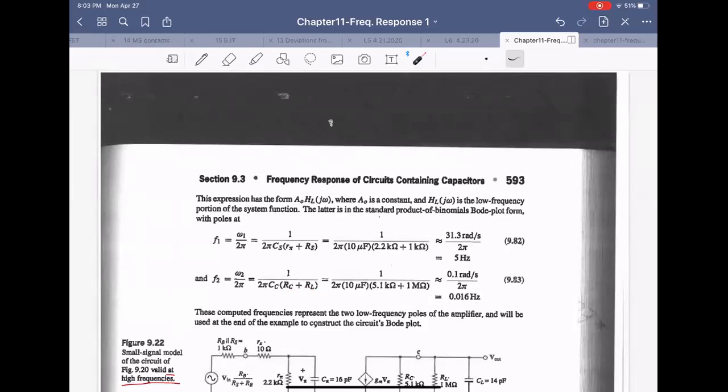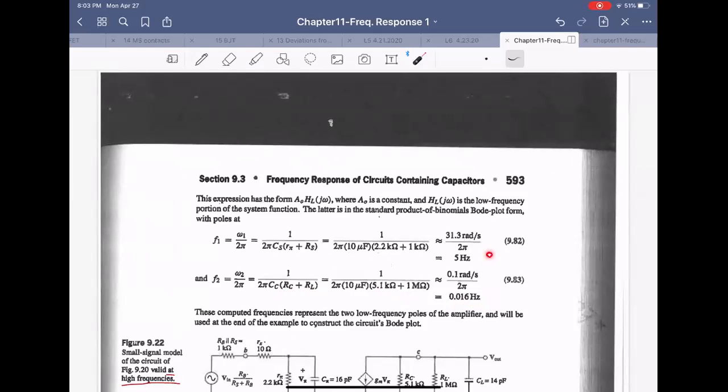Just plug in RC and RL. We have 0.016 Hertz. So this gain will be attenuated at F1, and then again attenuated at F2 like that.